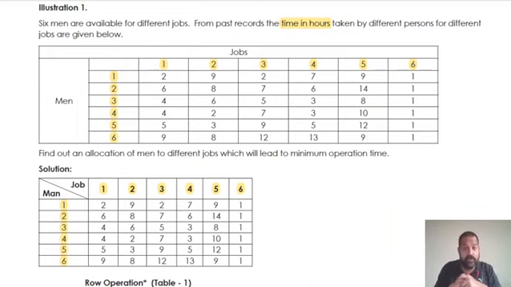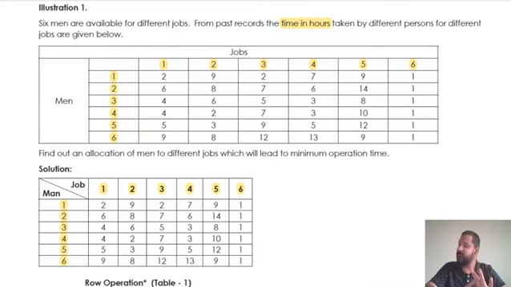But they will very slyly mention below the table that due to technical difficulties, legal difficulties, or physical disabilities, M3, which is the third man, cannot do job 5. Then you have to make sure that when you write the question, you add that prohibition. Correct? 3 preliminary checks done. So this matrix is good to begin with. Step 1 row reduction, step 2 column reduction, step 3 assignment.